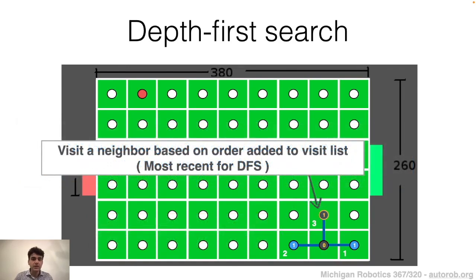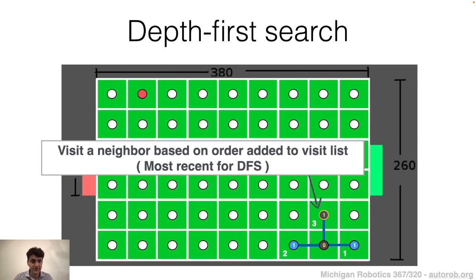At that point, the depth-first search will choose to visit whichever of the neighbor nodes has the smallest travel cost associated with it. In cases of ties like shown here, where all the neighbor nodes have the same cost to travel, it'll pick one of the values from the visit list based on a predefined order.